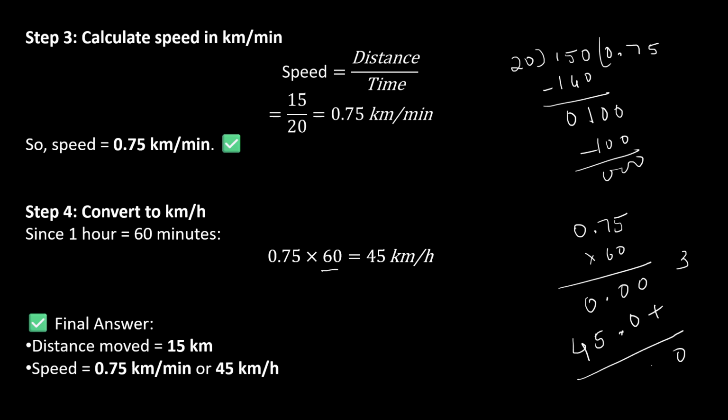Decimal point in the same place. Therefore this is how you multiply a decimal and an integer. You got 45 kilometer per hour as the answer. So the distance moved is 15 kilometers, speed is 0.75 kilometer per minute or 45 kilometer per hour. You got the answer. Move on to the next slide.